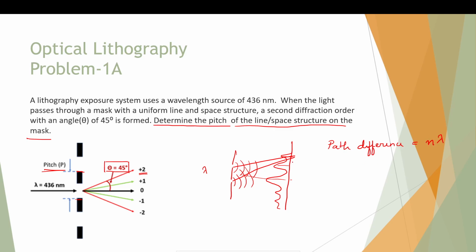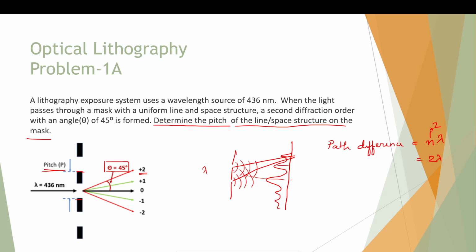In this case our n is 2. This is the 0th order, this is first order, this is second order. So the path difference for the central maxima will be 0, for the first maxima it will be 1 lambda, and for the second maxima it will be 2 lambda.